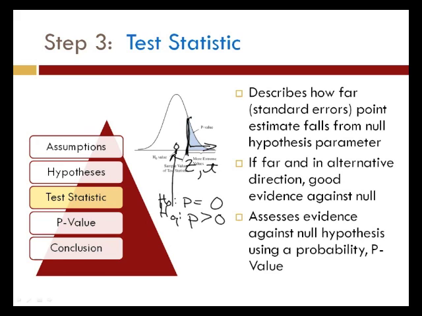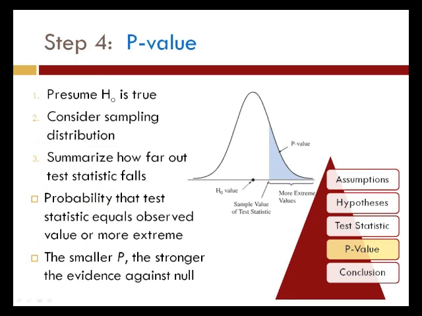So since it says greater than here, we're going to calculate the area that's greater than our test statistic. And that area would be the p-value. So that brings us to our next topic, the p-value. We just calculate this area.